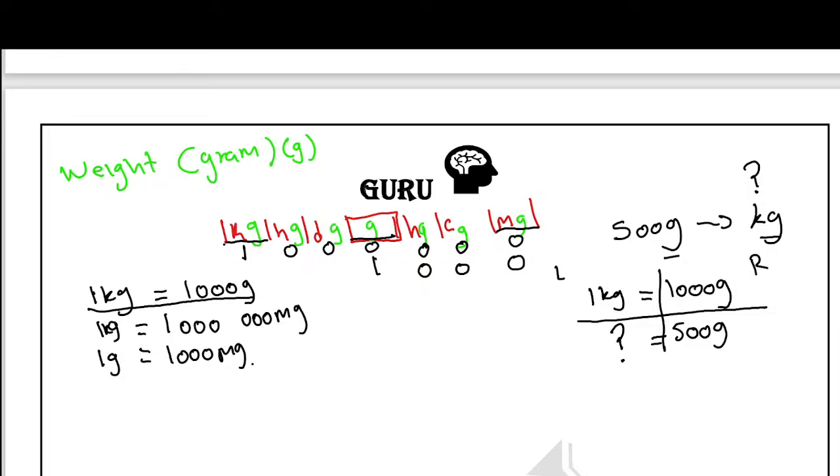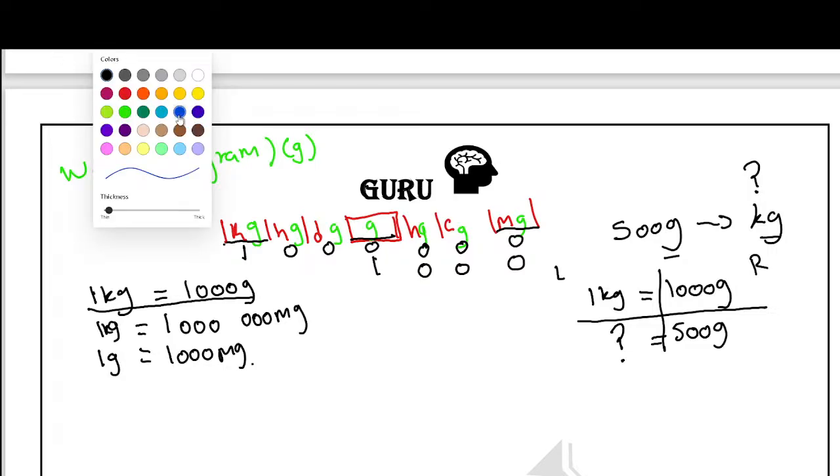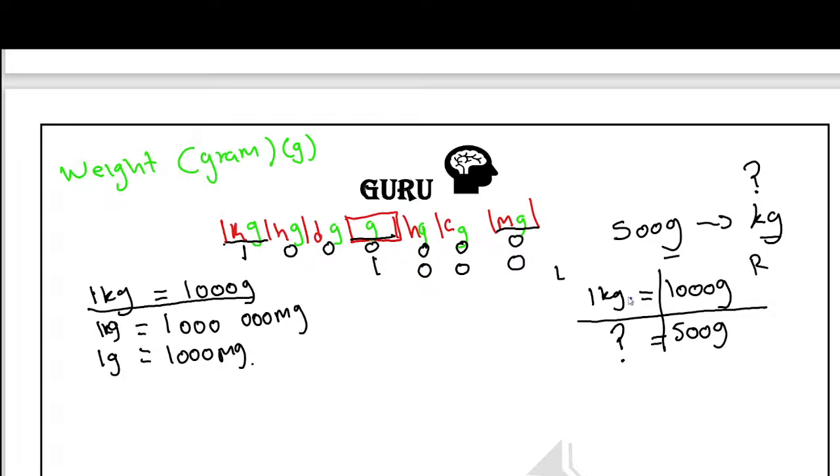Then we come and we cross multiply. So it's going to be question mark multiplied by 1000. Okay, so that is going to be 1000 question mark. That is equals to 1 multiplied by 500, which is equals to 500.